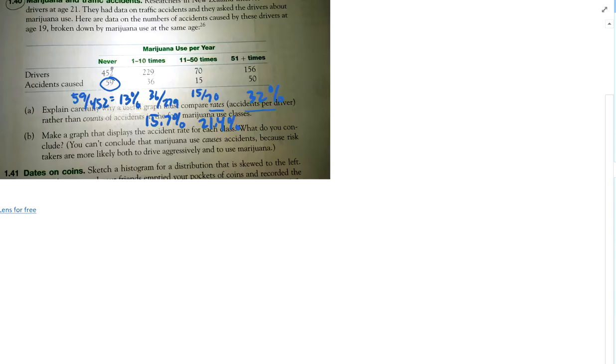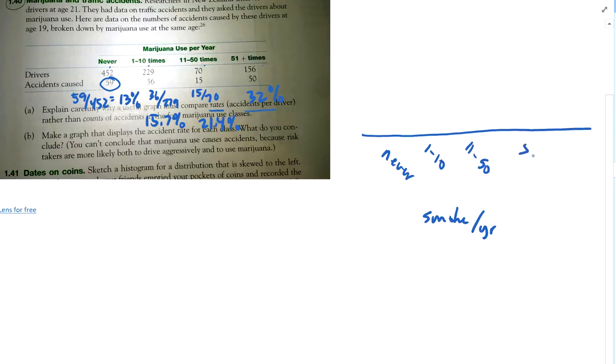We're looking at groups or categories of people that smoke marijuana: how often do you smoke? And then these are the percentages of accidents that were caused by them. So this is categorical data, and the best thing is a bar graph. So you've got never, and this is smoke per year: 1 to 10 times, 11 to 50, and greater than 51.